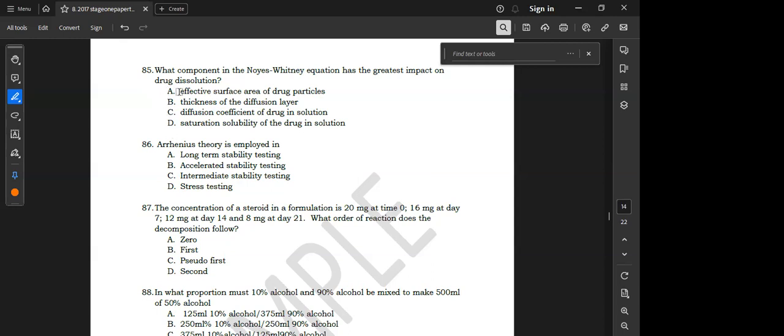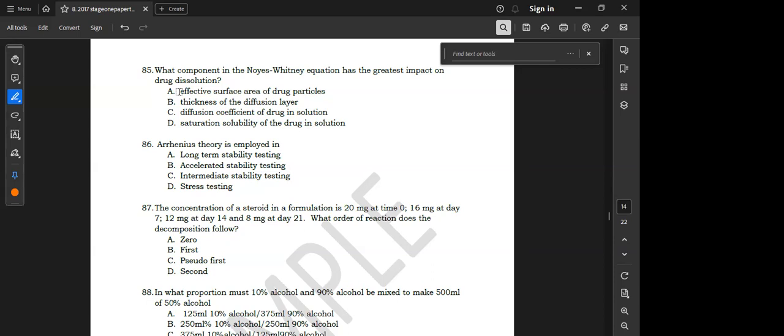The greater the surface area, the faster the dissolution, so this can also be increased by micronization. Then you have the diffusion coefficient: the greater the diffusion coefficient, the faster the dissolution. Then the surface area: the greater the surface area, the faster the dissolution.